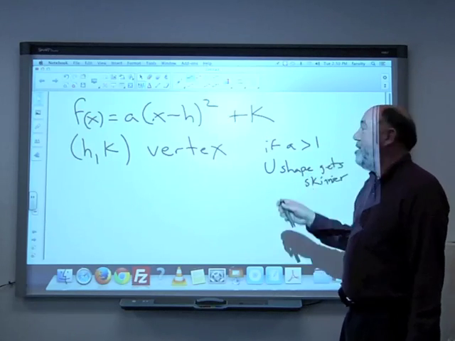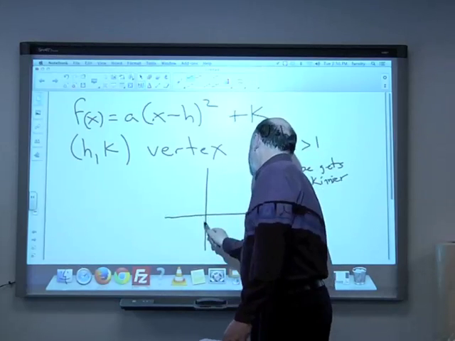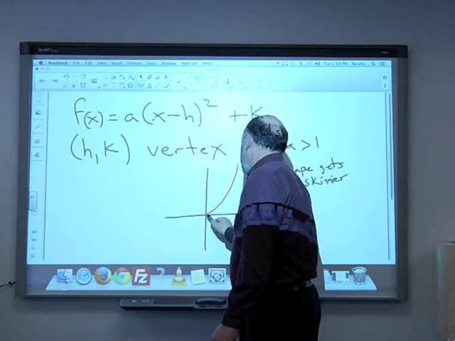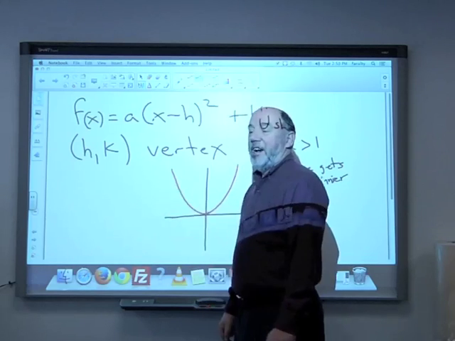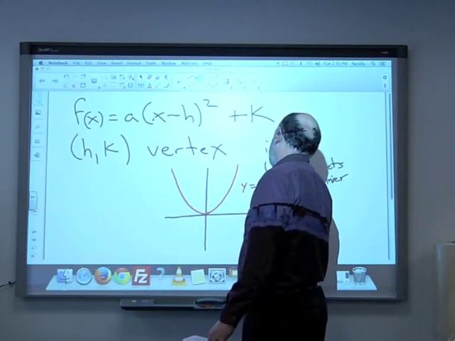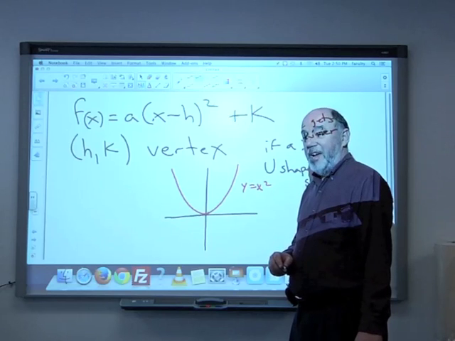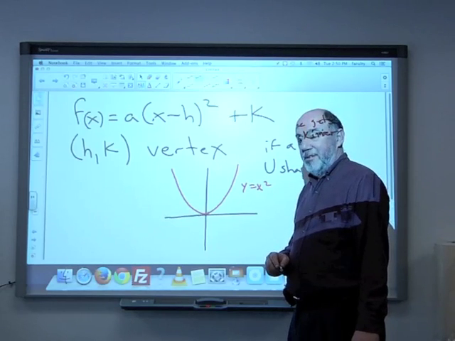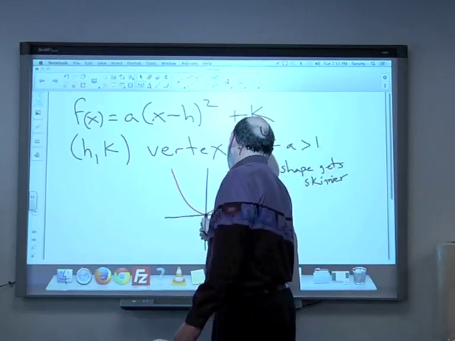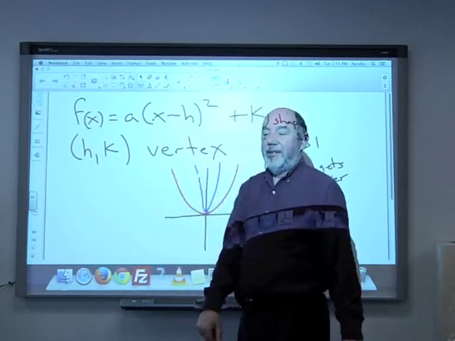For example, if I graph just the x squared graph, roughly it looks like that. This is y equals x squared. If I graph y equals 10x squared, what happens? Well, the graph is going to look like that.